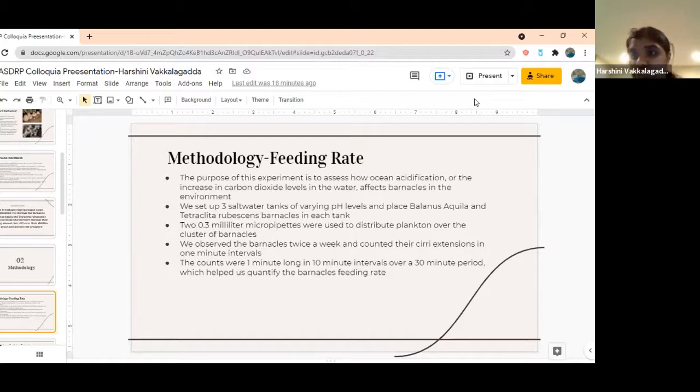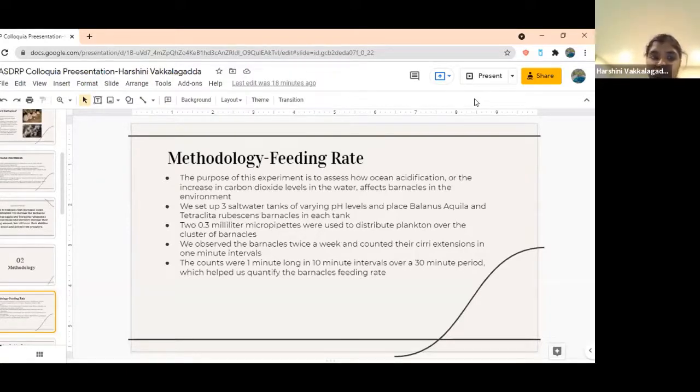And in order to get effective data, we observed the barnacles twice a week and counted their cirri extensions in 1-minute intervals. The intervals were taken in a 30-minute period.